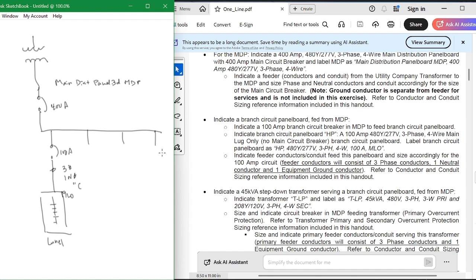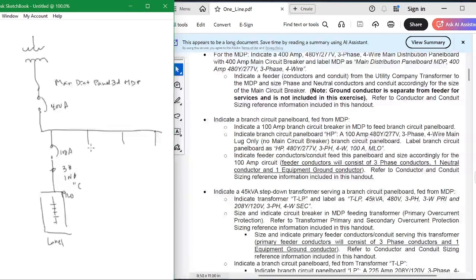So this is a circuit breaker that feeds a transformer. It's 45 kVA. What's the size of these wires and what's the size of this?